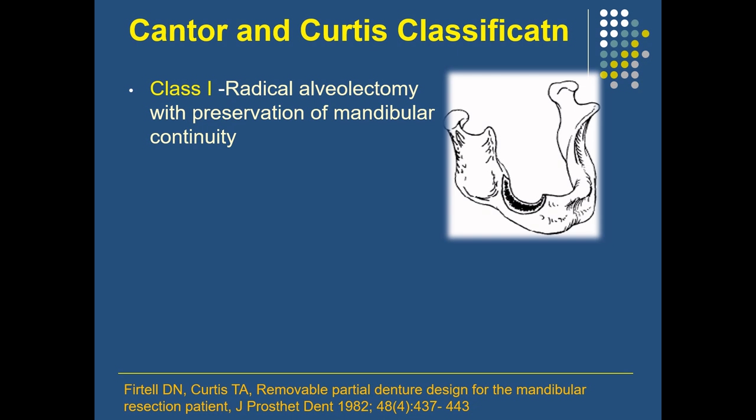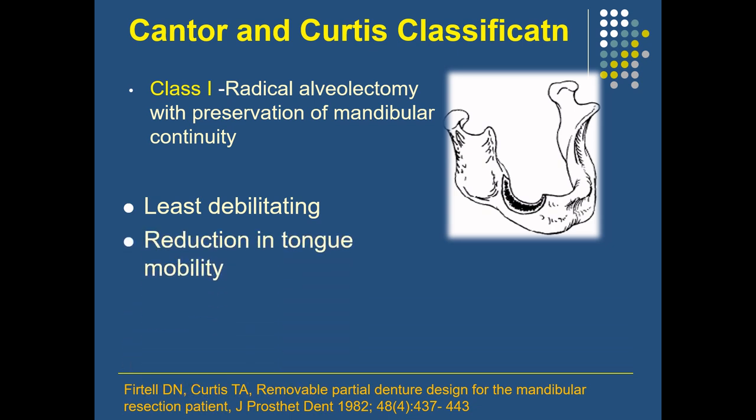So here in this case, along with the portion of alveolar process, we may remove the lingual and buccal sulcus mucosa, the portion of base of tongue, mylohyoid muscle, lingual and inferior alveolar nerve, sublingual and submandibular salivary glands, and also sometimes anterior part of the digastric muscle. And the features of this class, it is the least debilitating one because the mandibular continuity is preserved, but it may result in reduction in tongue mobility because of loss of some intrinsic muscles.